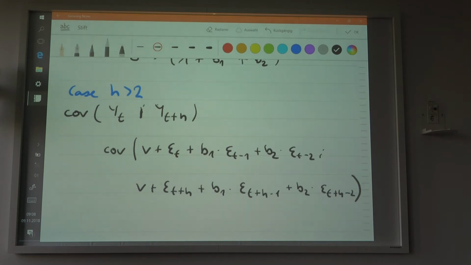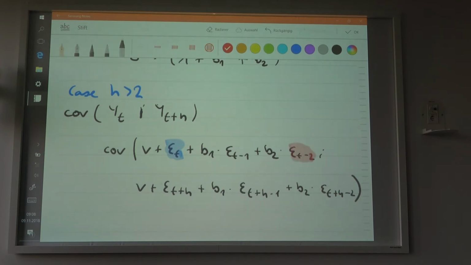Now, if h is greater than 2, then the noises do not overlap anywhere. Let's say the greatest time for the first expression is time t, and the smallest is epsilon t minus 2.